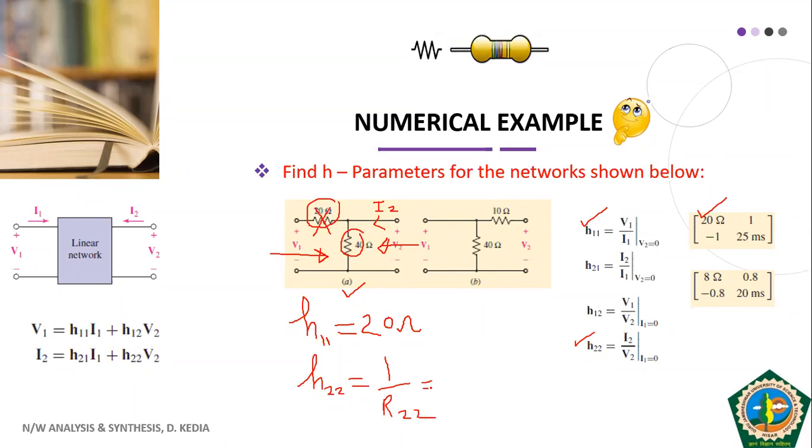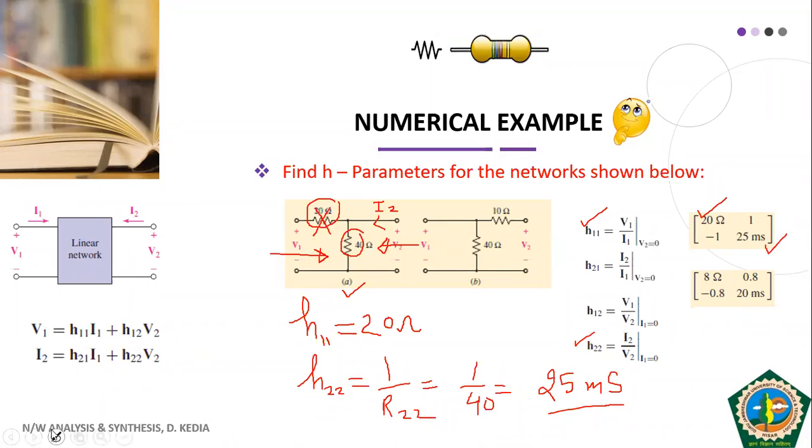If you solve 1 by 40, you'll get 25 millisiemens. It is not millisecond, it is millisiemens. So this is what you get as H22.